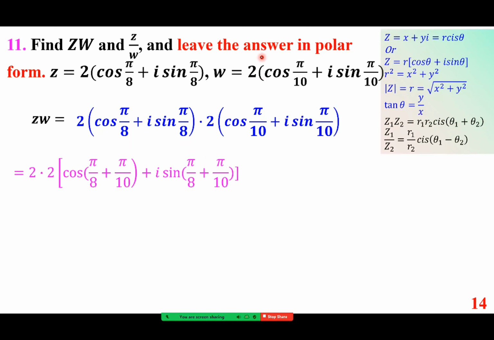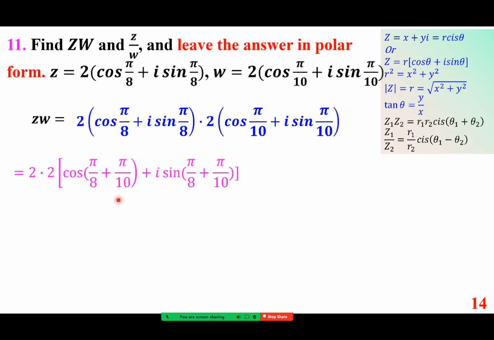Now, this is a shorthand notation. When we say cis theta, it means cosine of theta 1 plus theta 2, plus i sine of theta 1 plus theta 2. That's the shorthand notation. Of course, 2 times 2 is 4.